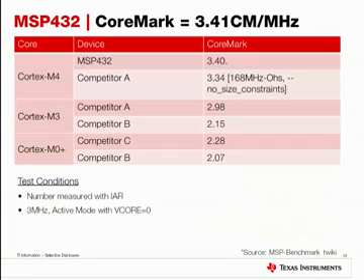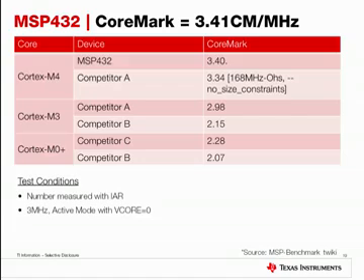Since MSP432 uses a standardized core, it would be good to measure its performance in a standardized way. CoreMark is a standardized benchmark that is used to measure the performance of the processor core. CoreMark was developed by the Embedded Microprocessor Benchmark Consortium, or EEMBC, to help system designers select the most optimal processors and understand the performance and energy characteristics of the systems.